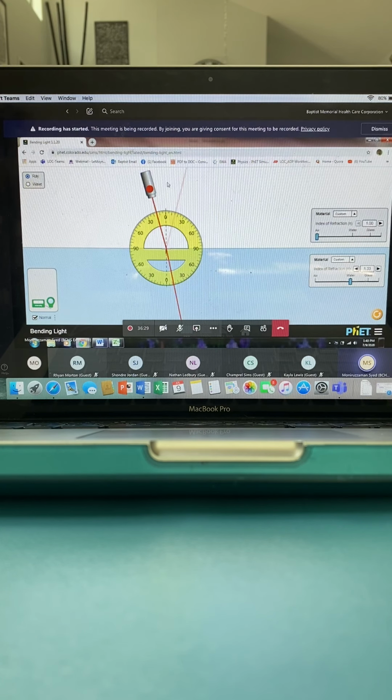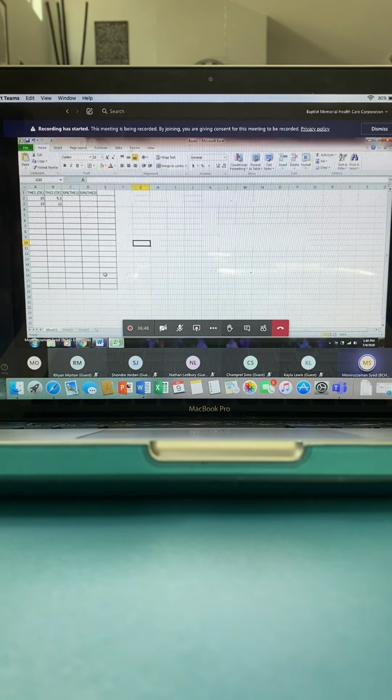So let's try to move it a little bit more. Let's do it here. Let's count how much angle of incidence we have: 5, 10, 15, 20, and 25. Okay, let's say 25 is the angle of incidence.